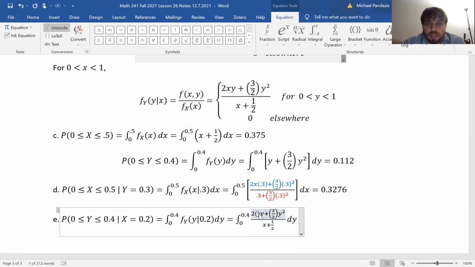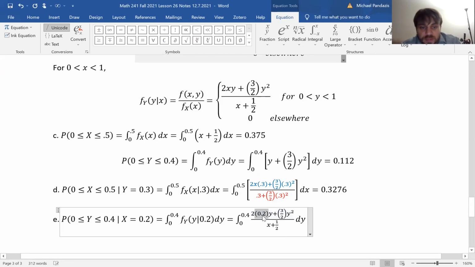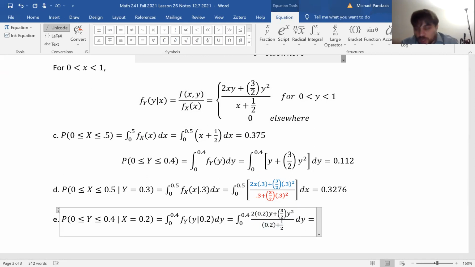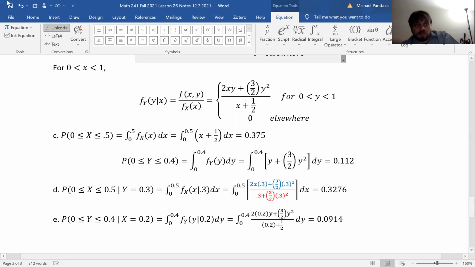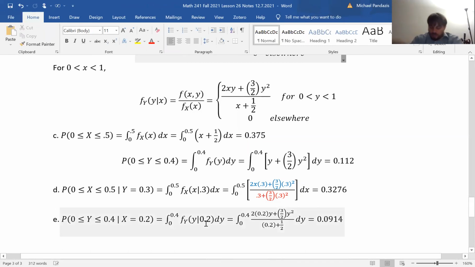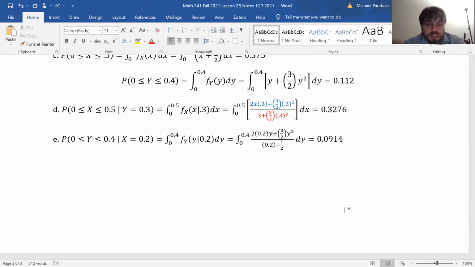So here is a 0.2. Okay, this is also a 0.2. And now you have an expression of y, and you integrate it from 0 to 0.4, and you get 0.0914. Okay, so we broke the problem down to calculating an integral. And you calculate and you get that number. Okay, so this is an example covering all those functions.